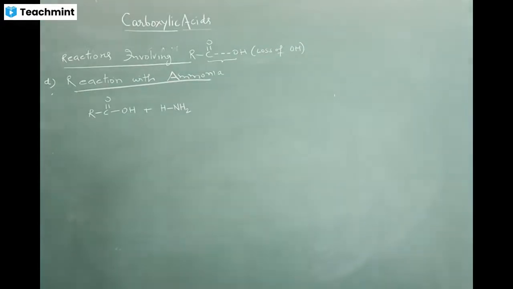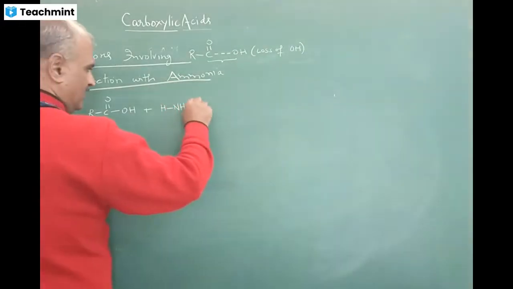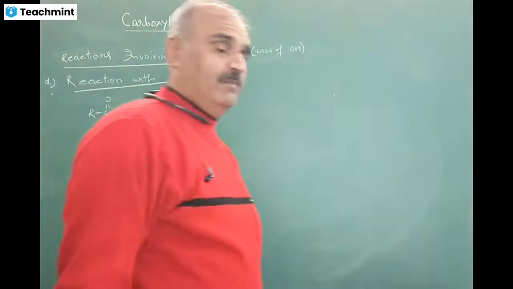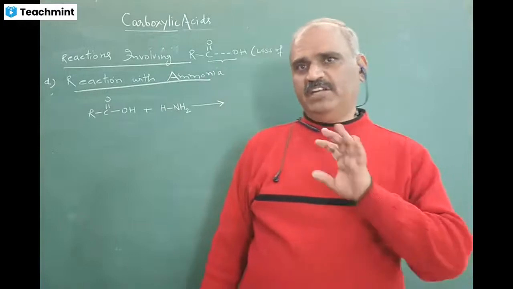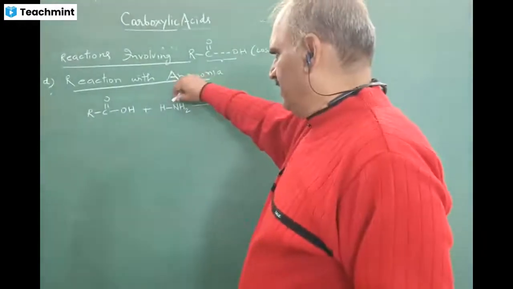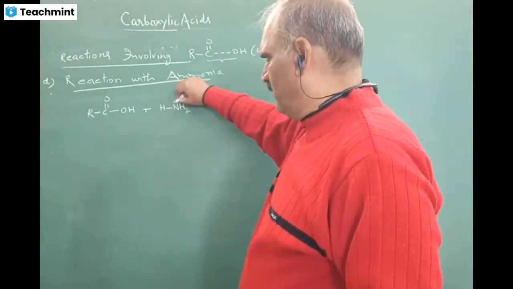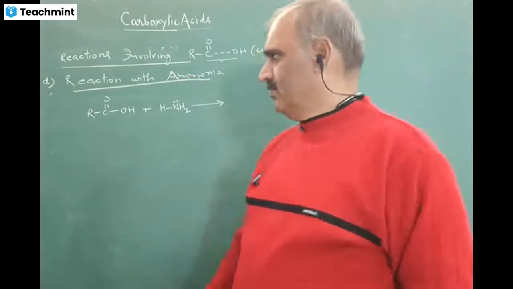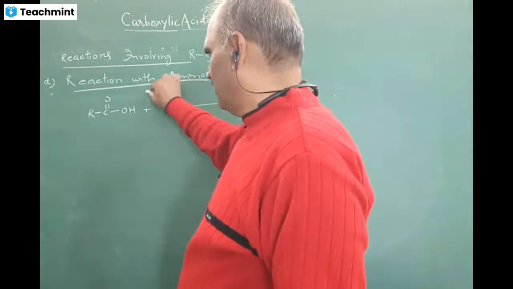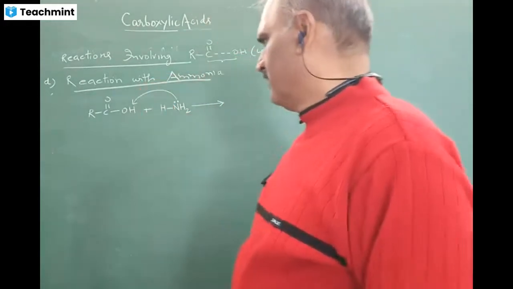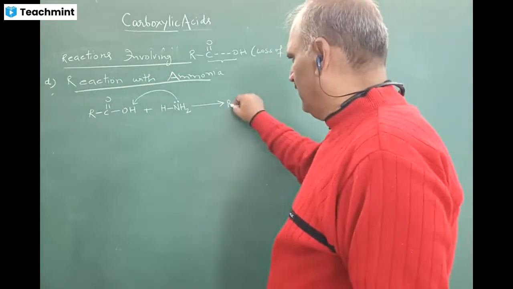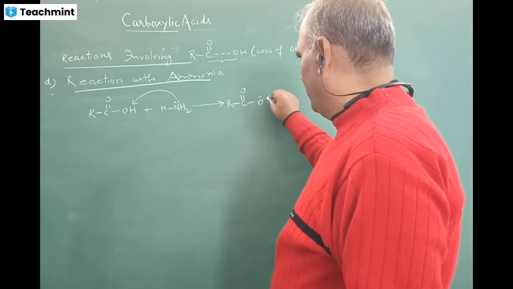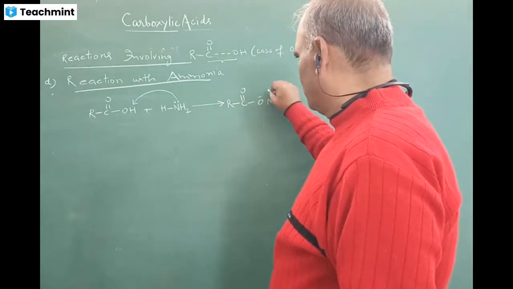Now, when ammonia reacts with carboxylic acid, because carboxylic acid is acid, it gives H plus, and ammonia has a lone pair of electrons on nitrogen. Okay, so this lone pair will extract this H plus, and the reaction will take place like this: RCOO negative and NH4 positive.